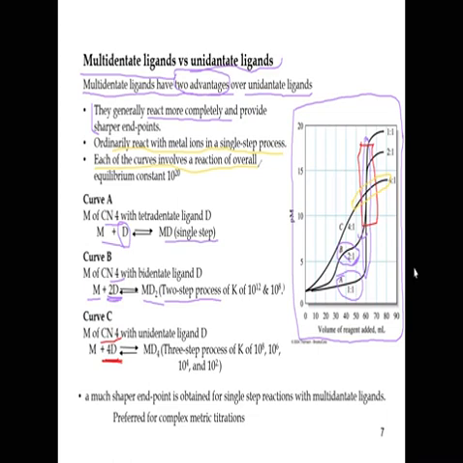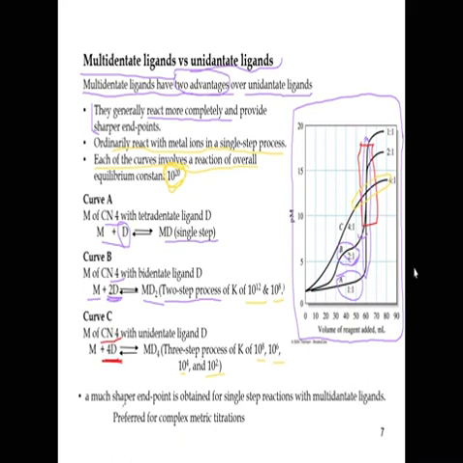Usually, for the overall reaction to complete, with all four bonds around the metal ion, the equilibrium constant should be somewhere around 10 to the power 20. Here, two steps, 12 and 18. Here, three steps, 8, 6, 4 and 2. It happens in four steps, right?